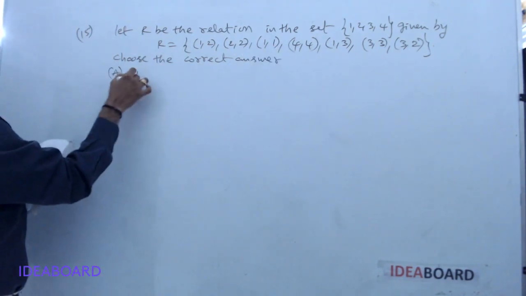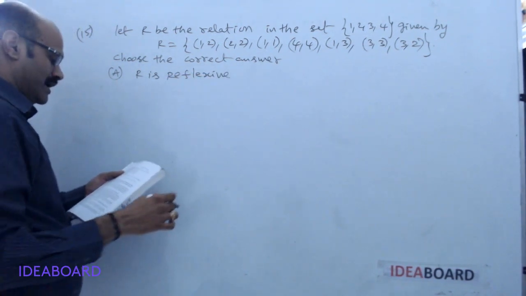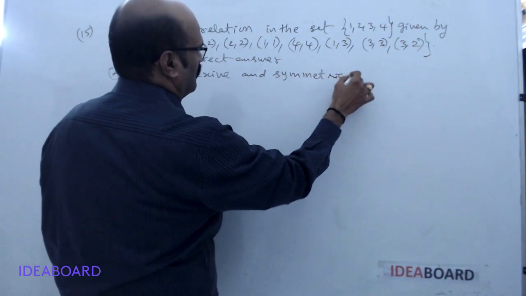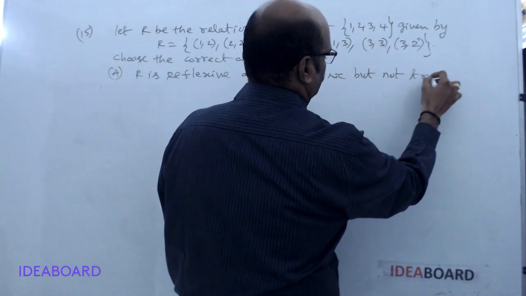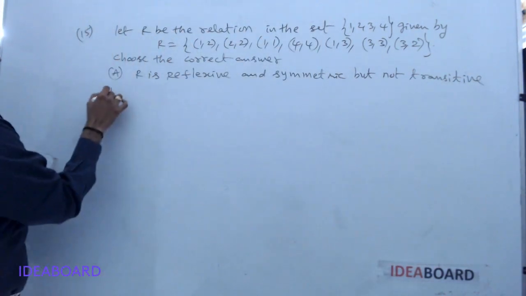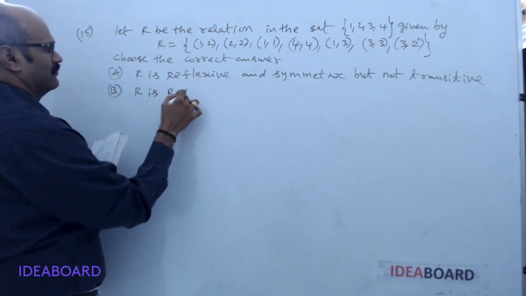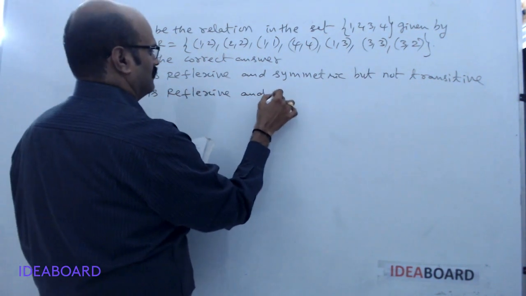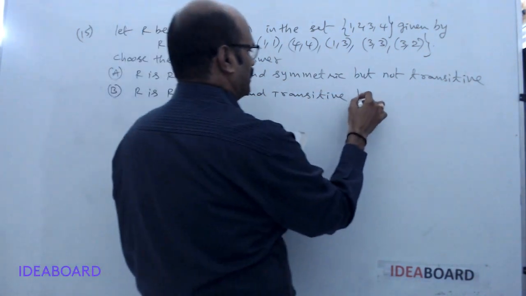A. R is reflexive and symmetric but not transitive. B. R is reflexive and transitive but not symmetric.